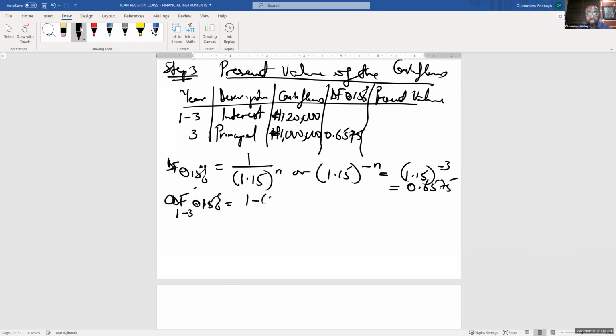That's 1 minus 1 plus R raised to power minus n, over R. Here is 1 minus 1.15 raised to power minus 3 over 0.15. Approximately, that should give me 2.2833, all things being equal. I can multiply that by 120,000.